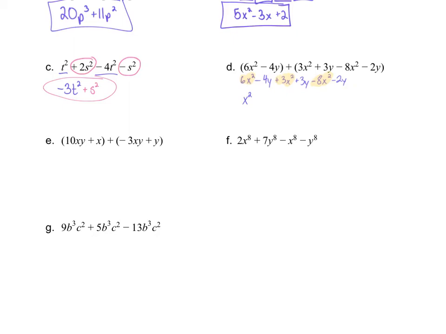Now let's look at all of our y terms. I have a negative 4y plus 3y minus 2y. So that gives me negative 3y. So I have x squared minus 3y. And I'm done since I can't combine an x and a y.